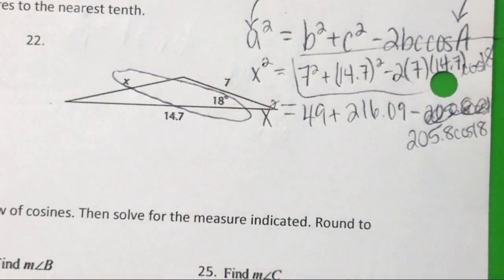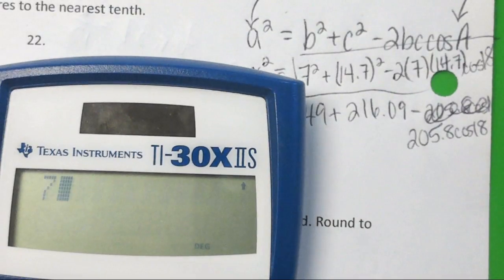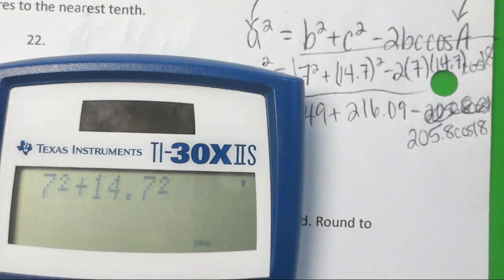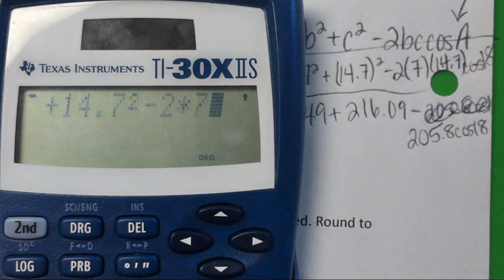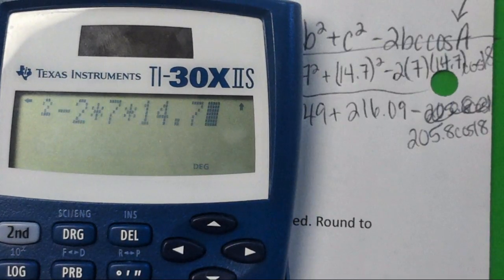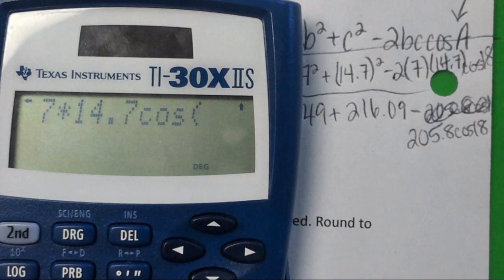Type that whole line in her calculator all at the same time. She can type that whole line. 7 squared plus 14.7 squared minus 2 times 7 times 14.7 cosine 18.